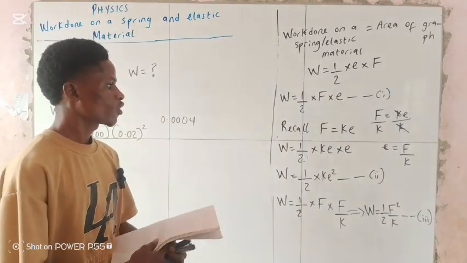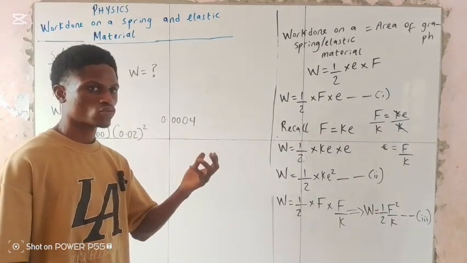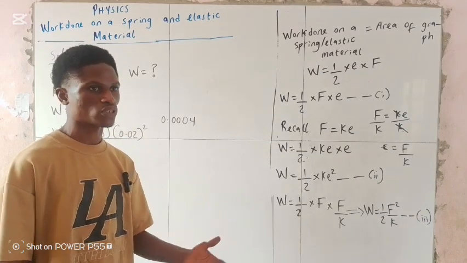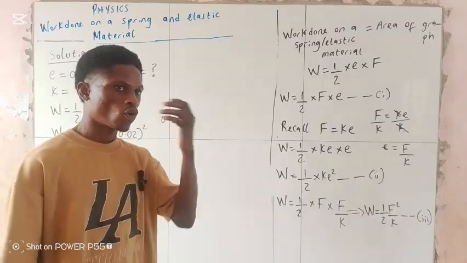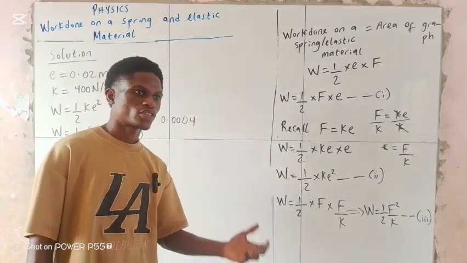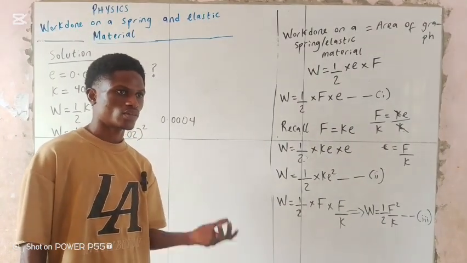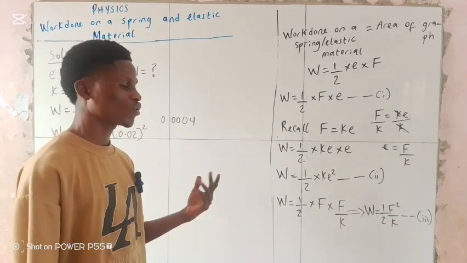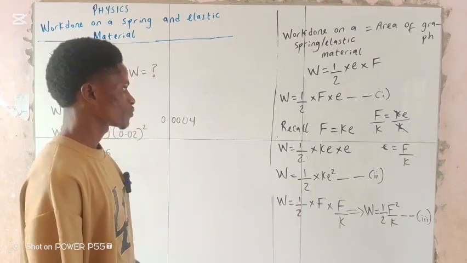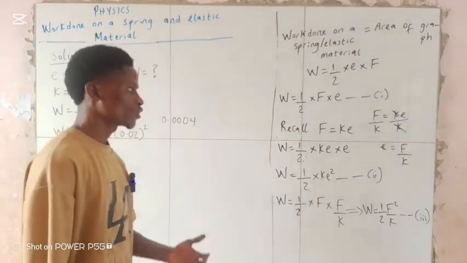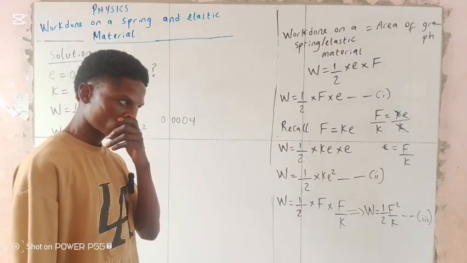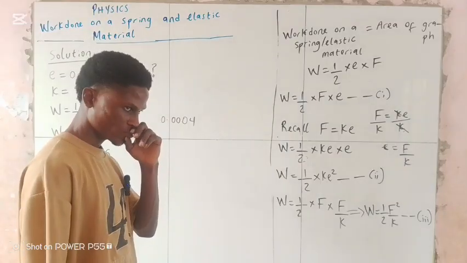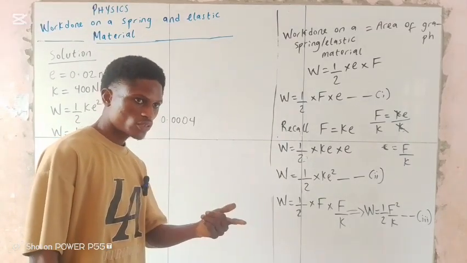So what they are asking there, you can see them asking to find work done. They ask you to calculate energy stored in the spring, or calculate potential energy. In the case of a spring, it is the same thing as work done. Now if you define your parameters, what are we given? Force constant and force.